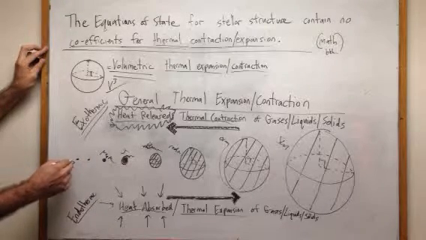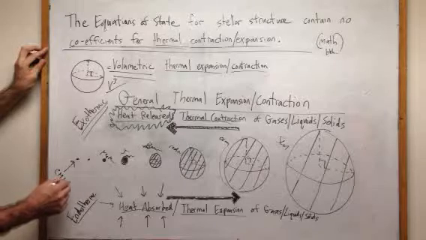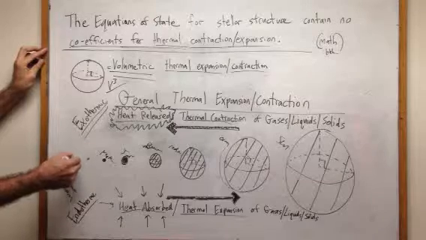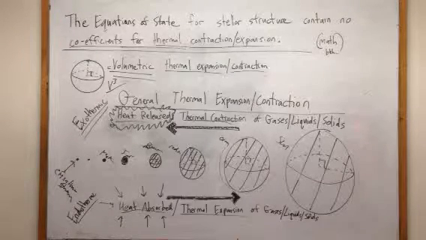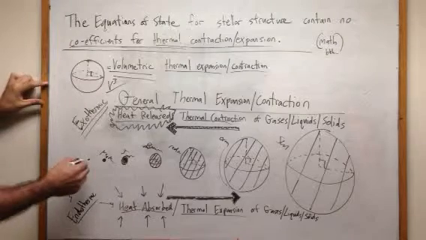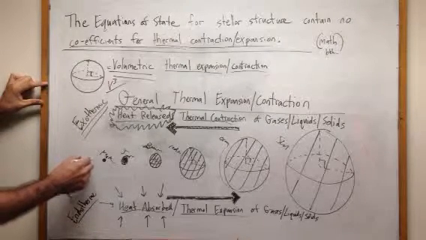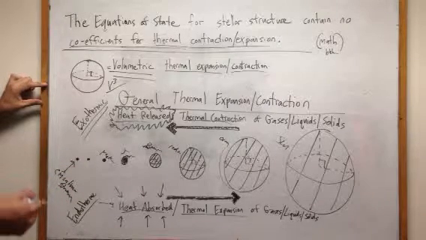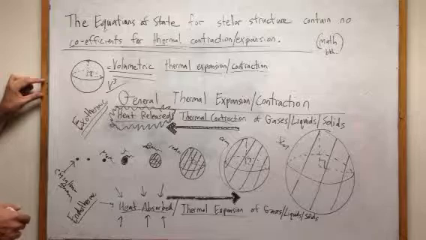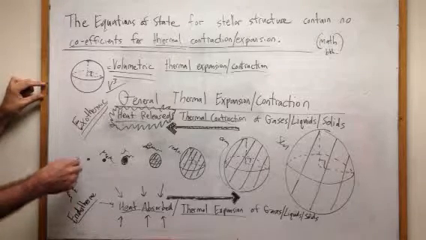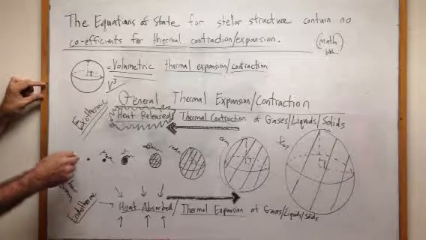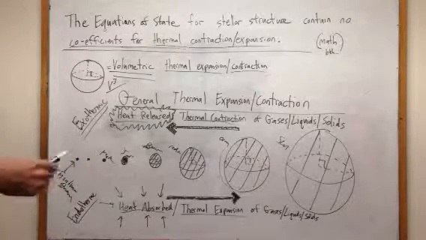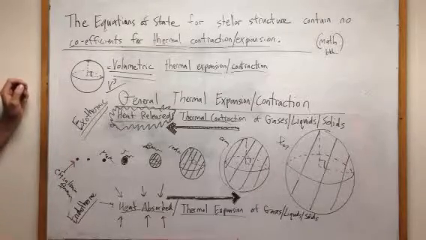But it will reach a point when all the material is crystalline structure, and the coefficients for thermal contraction or expansion will decrease considerably, which means the amount of heat pumped into or out of the star will not make it change that much more in shape or size, because there's just no place for the molecules to go. They're already stuck there in a crystalline, amorphous structure, or whatever it is, rocks and minerals.